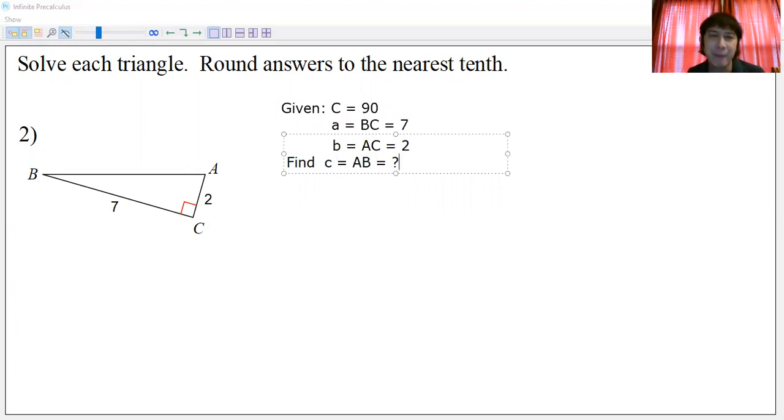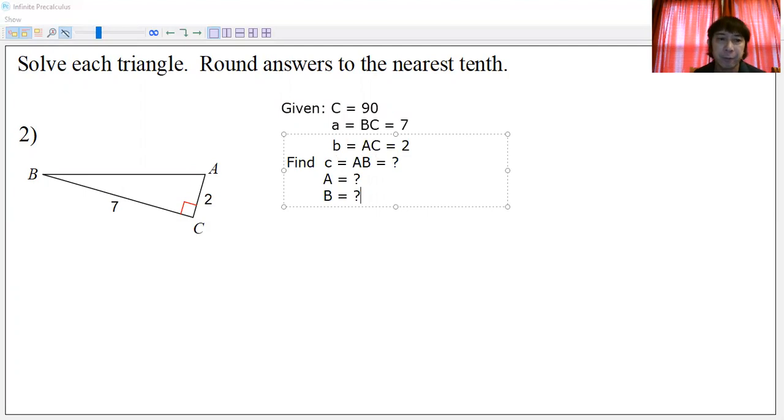We're asked to solve for side c, the hypotenuse, and we're asked to get angle A, also the other angle B. So we shall make use of the two sides because we don't have two angles. We only have one angle, but we have two sides. So we can make use of the Pythagorean theorem here.